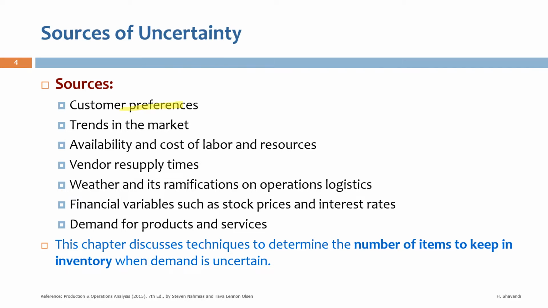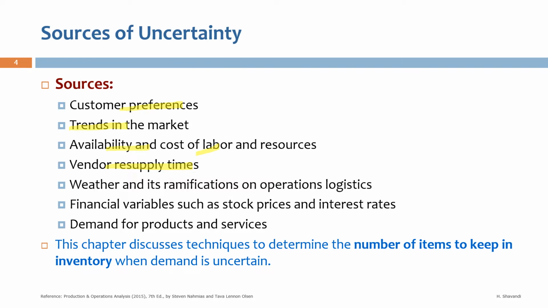Customer preferences can change over time, and because of that, trends can change in the market as well. And the availability and also the cost of resources like materials or labor can change over time as well. And the vendor resupply times are not constant. They can change over time because of many reasons.